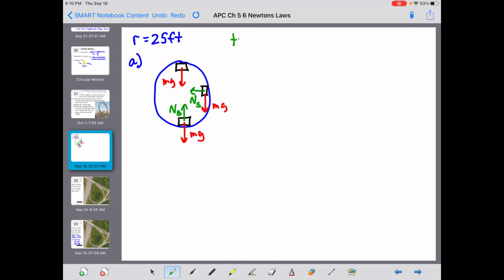Now at the top, that normal force in terms of a direction will depend on how fast the object is going. If you've been on a roller coaster loop before, if you are going through a loop very fast, then that normal force is pushing you inward.